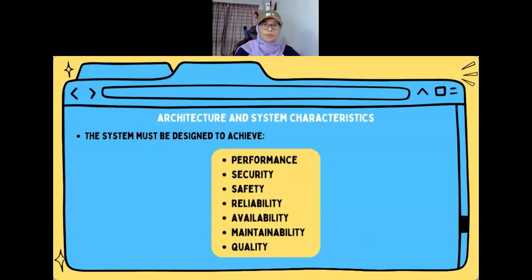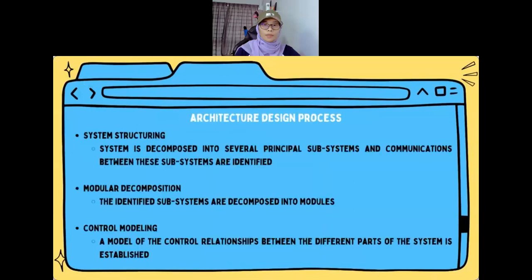Architecture and system characteristics. The system must be designed to achieve performance, security, safety, reliability, availability, maintainability, and quality. Architecture design process.